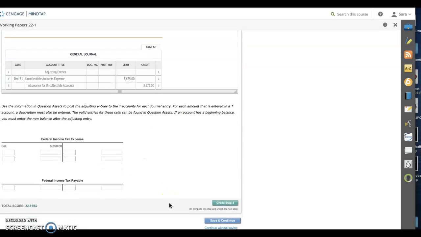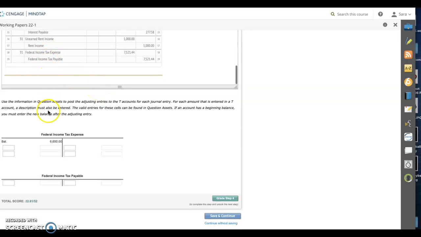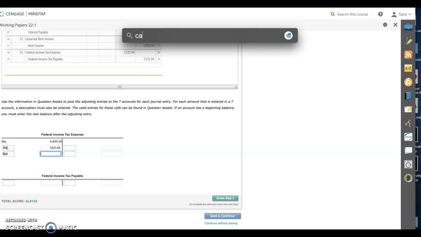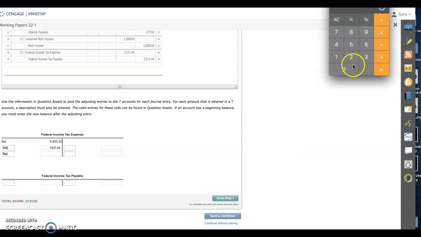Okay, and then our T account, so that is just putting in these adjustments we just did. So federal income tax expense, ADJ, $7,521.44, and below that our new balance. So we'll add those together. So that's $6,650 plus $7,521.44.